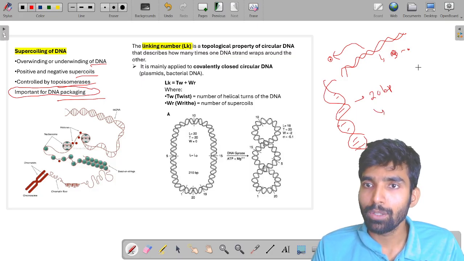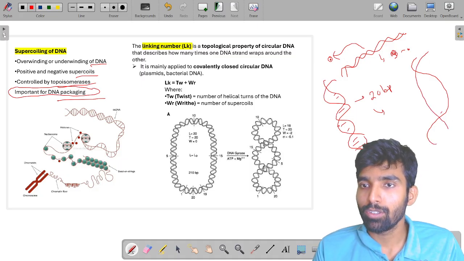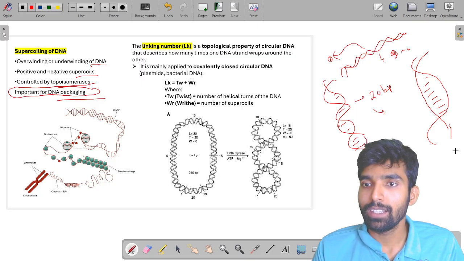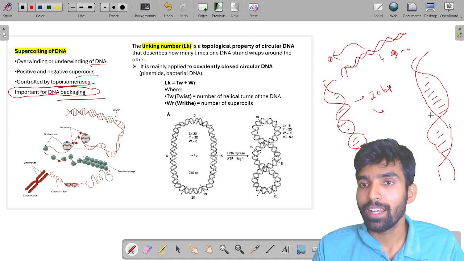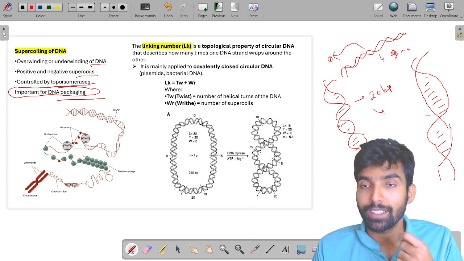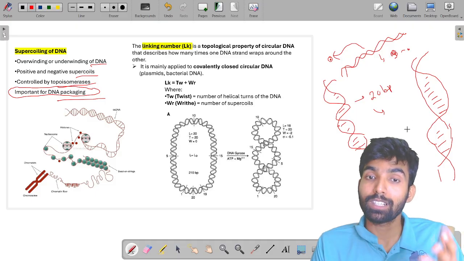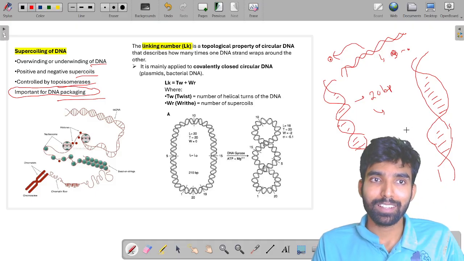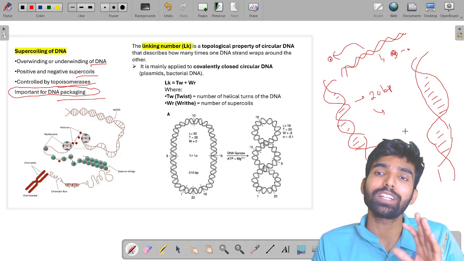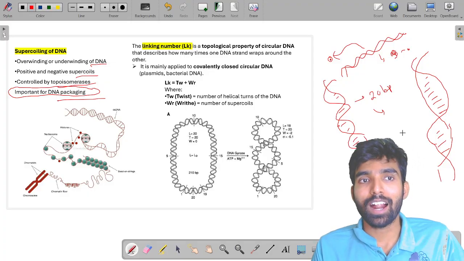Now if someone tells you to accommodate the 20 base pairs inside one turn, that's how you accommodate it. That means you are reducing the number of turns, but the base pairs are the same. Reducing the number of turns is known as underwinding.